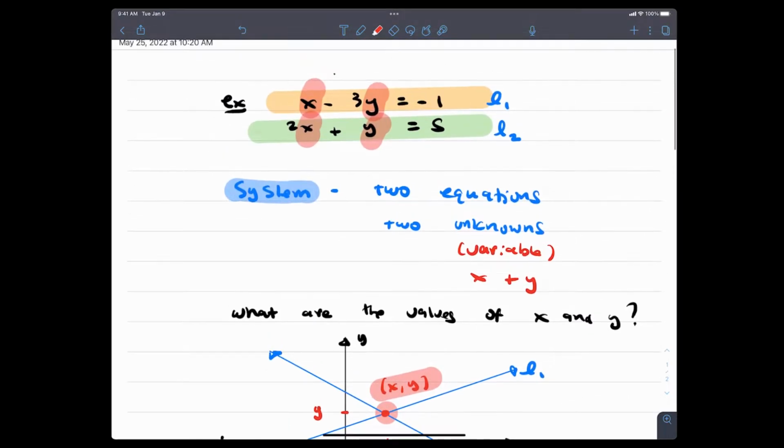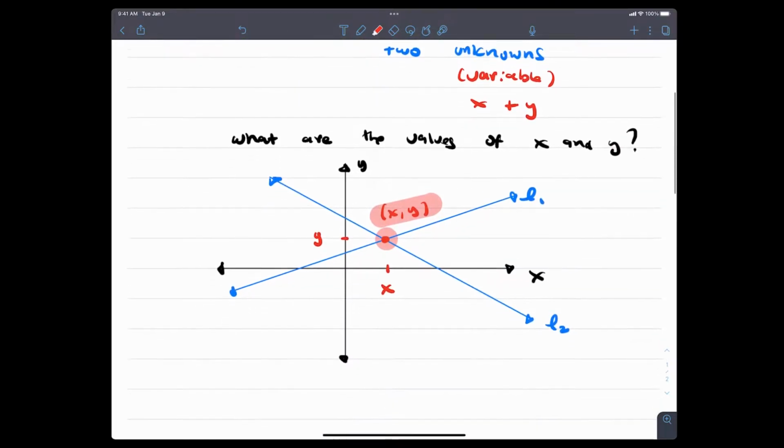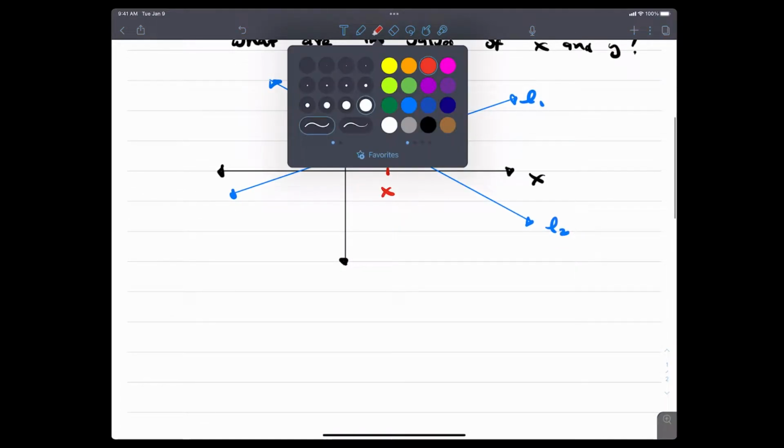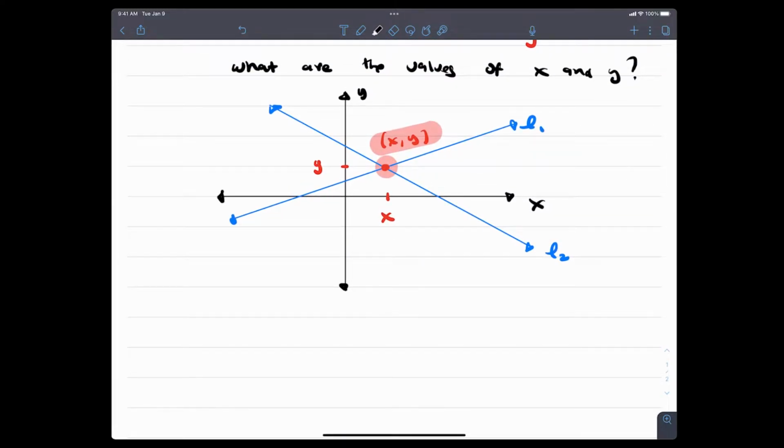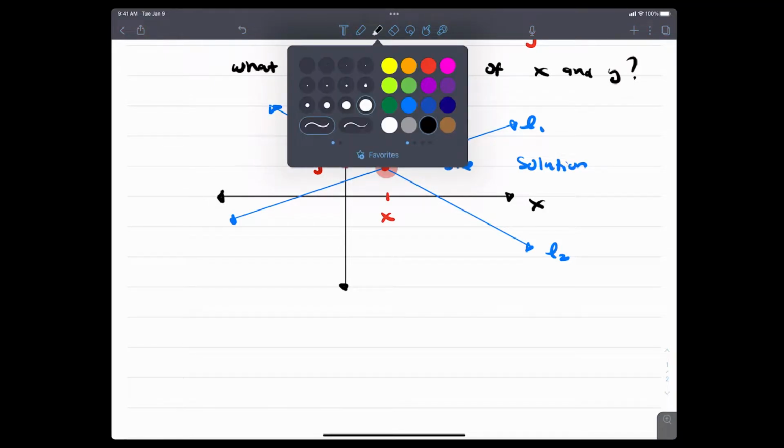Now, this doesn't always happen. By the way, this is called having a solution. The word a means one. So this means there is one solution. And the address is these coordinates.